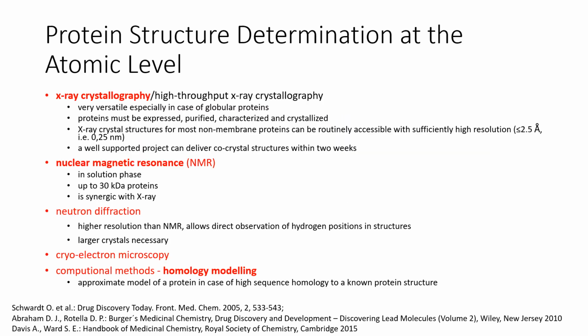How can the 3D structure of a macromolecule be determined at atomic level? So experimental methods are employed. The most important is X-ray crystallography, the crystallographic analysis. It's a versatile method in case of globular proteins.